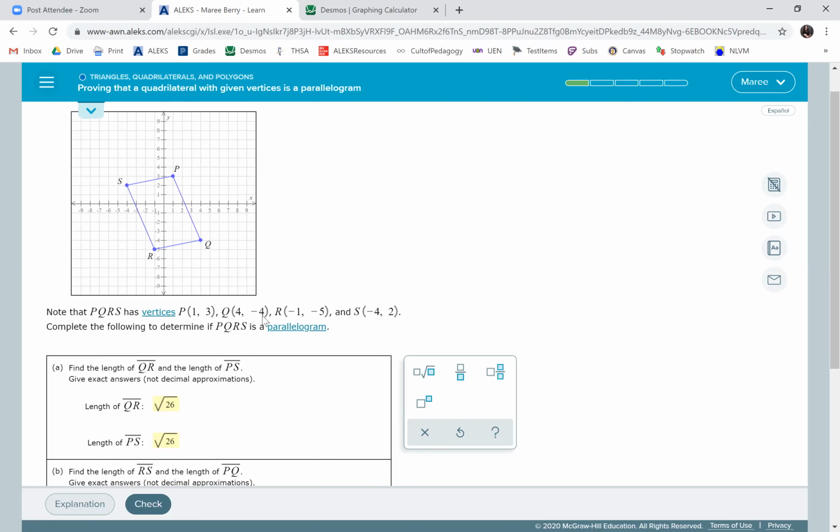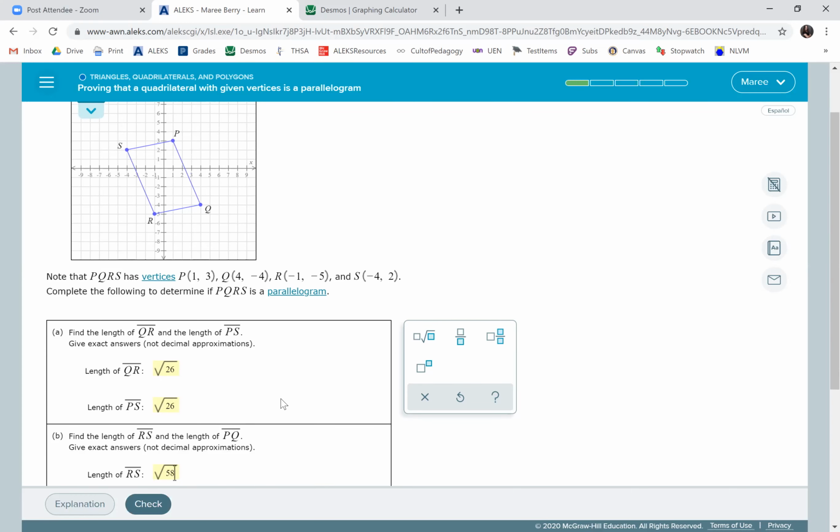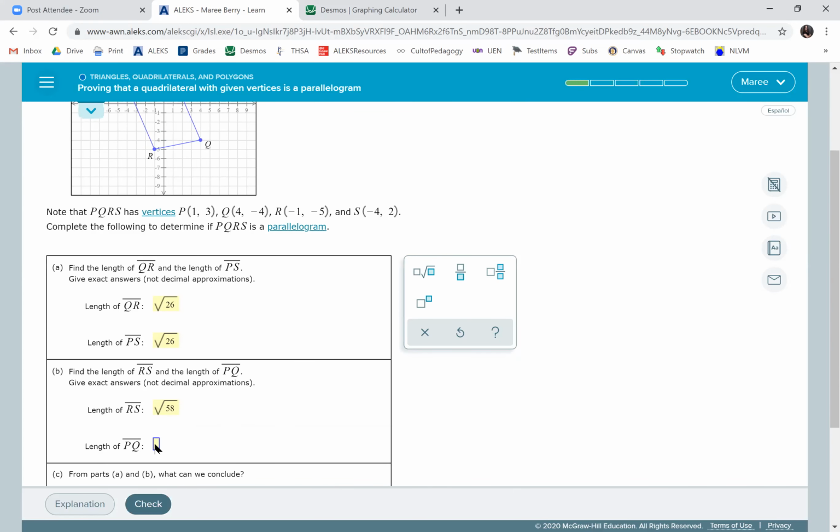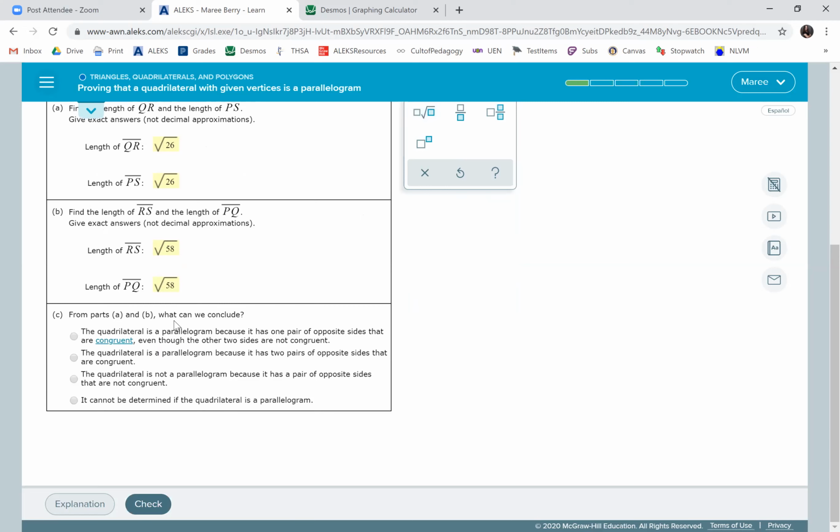Between 3 and -4 is 7, so 49. Between 1 and 4 is 3, and 3 squared is 9. So 49 plus 9 is also 58. So the quadrilateral is a parallelogram because of two pairs of opposite sides that are congruent. And that's what we showed here. So we're going to click that one.